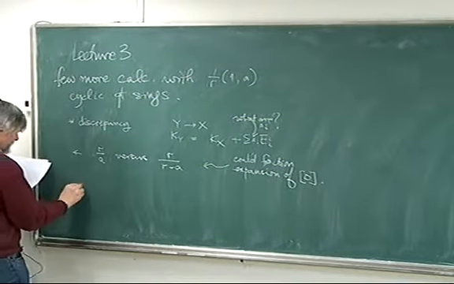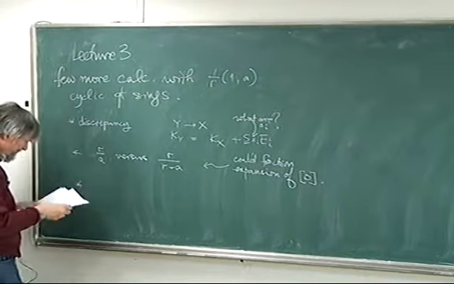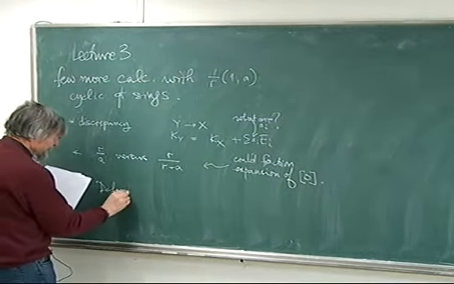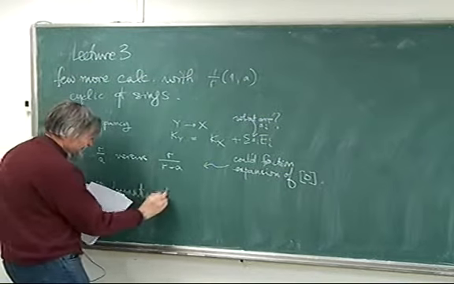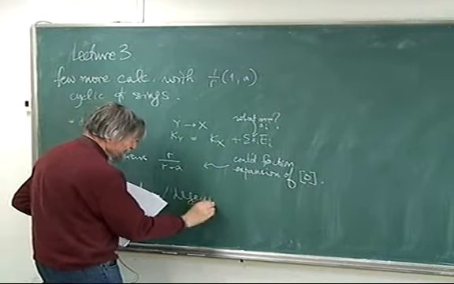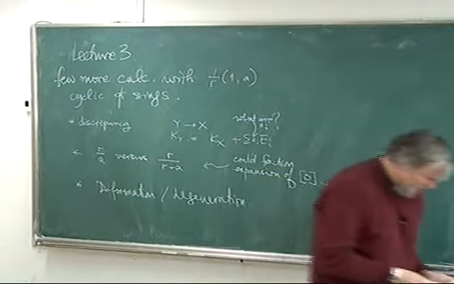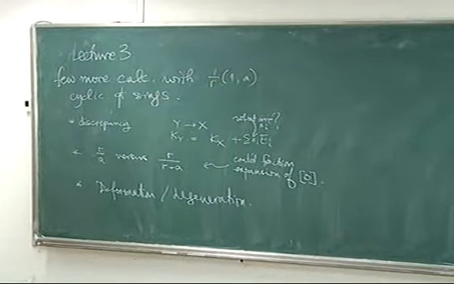And then the last thing I want to talk about, which I'm going to talk about first, is deformation and degeneration. There are many other aspects of this but I'm just going to talk about this.